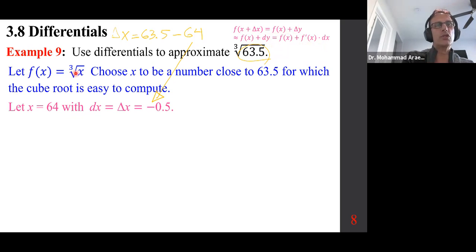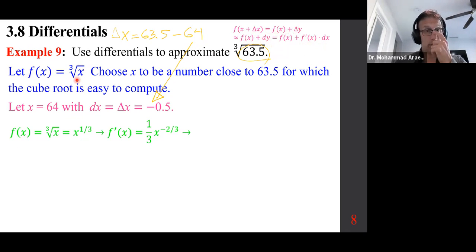So f of x is cube root of x, or x to the power of 1/3. We know how to differentiate that. 1/3 x to the power of 1/3 minus 1, or x to the power of negative 2/3. So what happens next, we can put the negative 2/3 down and write it as a cube root of x to the power of 2. That's f prime of x.